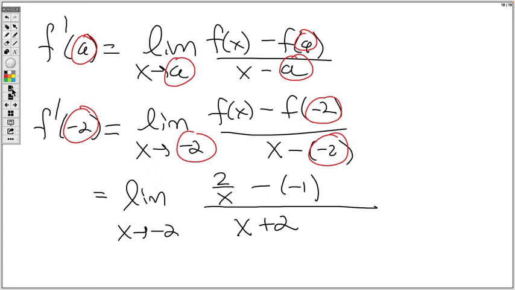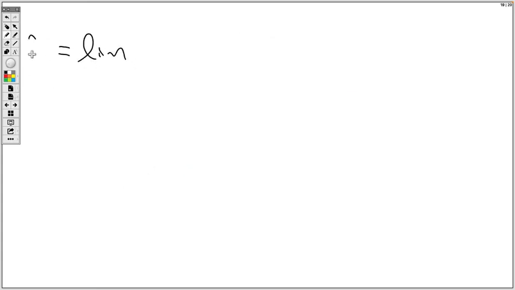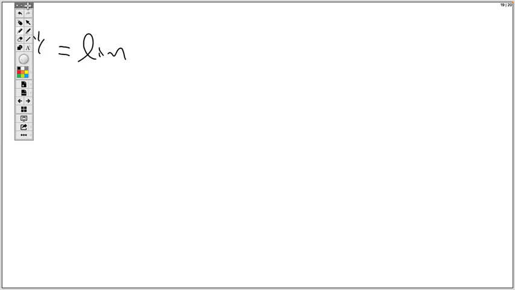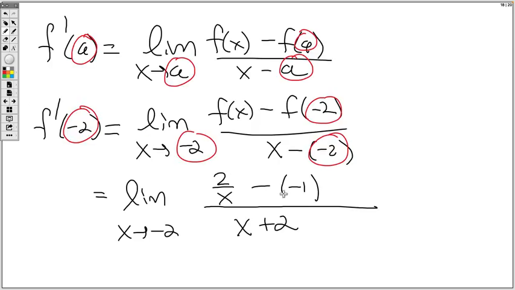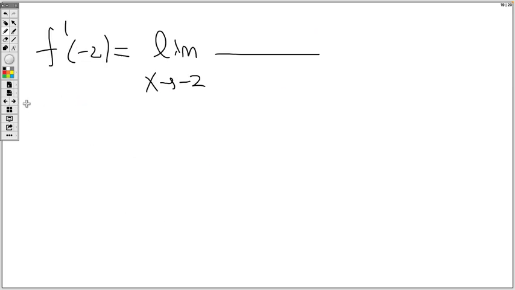A 0 over 0. So f prime at negative 2 is the limit as x goes to negative 2 of 2 over x plus 1, over x plus 2. And by golly, if you plug in negative 2, in the numerator you're going to get a 0, and in the denominator you're going to get a 0. So there's a chance this will work out.